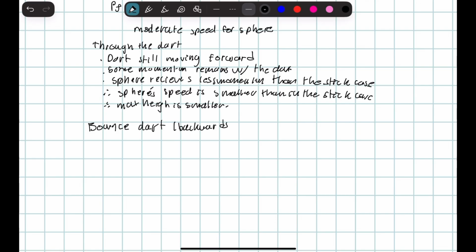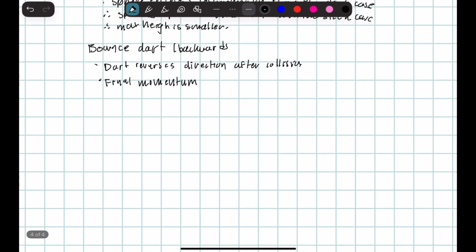So that means the dart reverses direction after the collision, and the final momentum of the dart is opposite in direction.